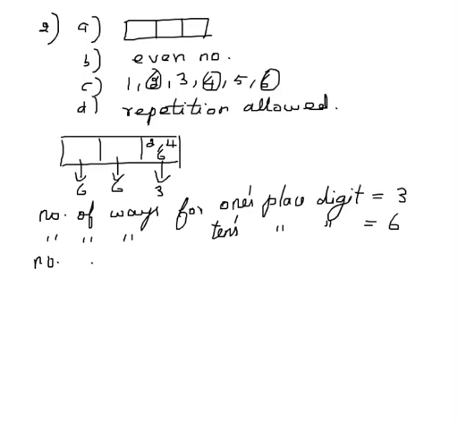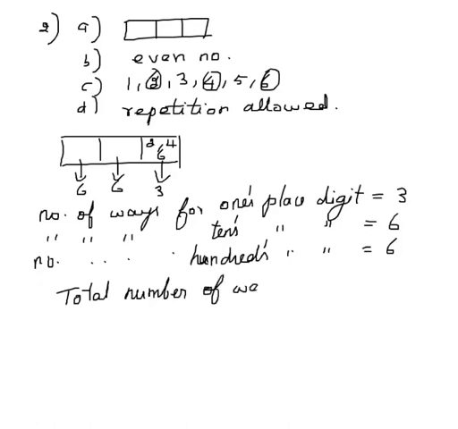Then number of ways for hundreds place digit is equal to 6. So total number of ways is equal to, we need all 3 digits. We need ones place digit and tens place digit and hundreds place digit. So we need to multiply. The answer is 36 times 3, 108.